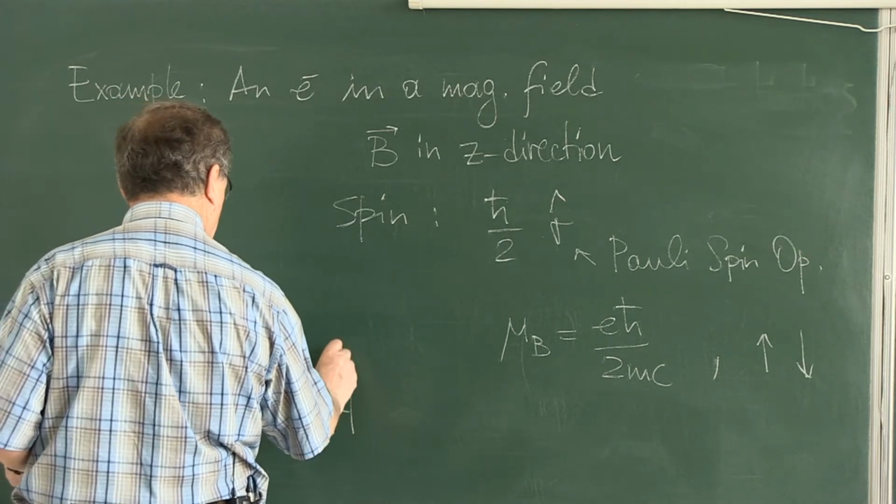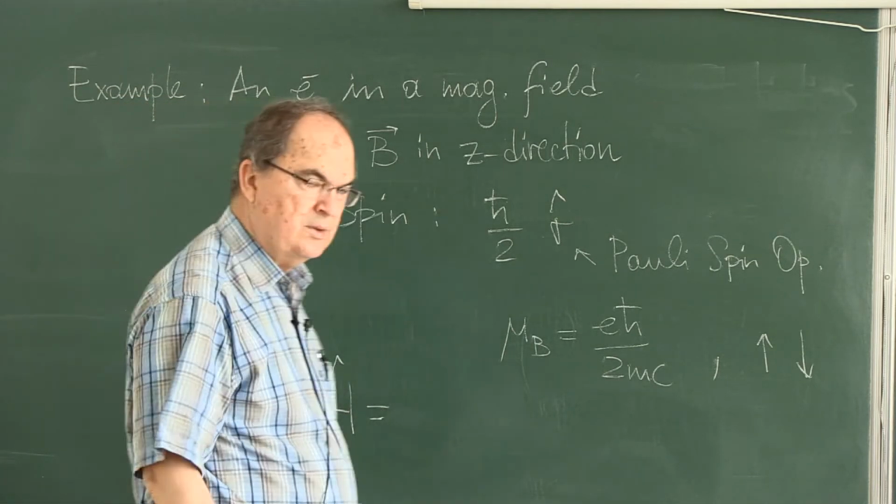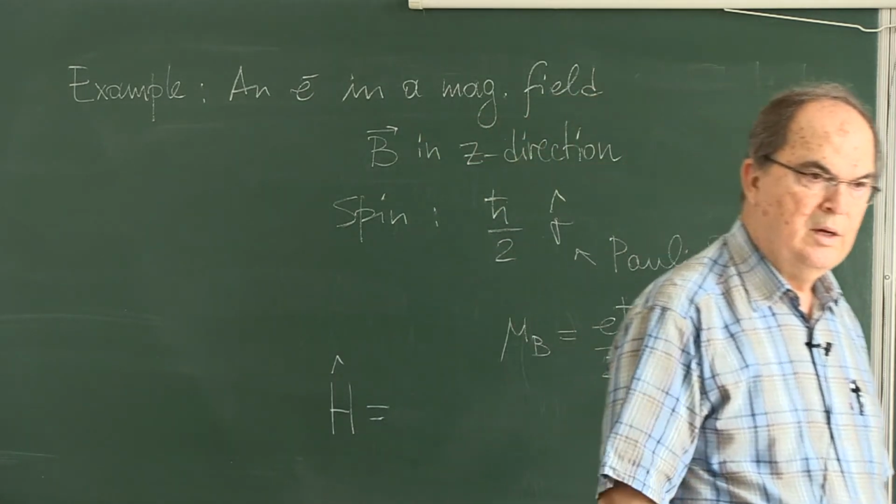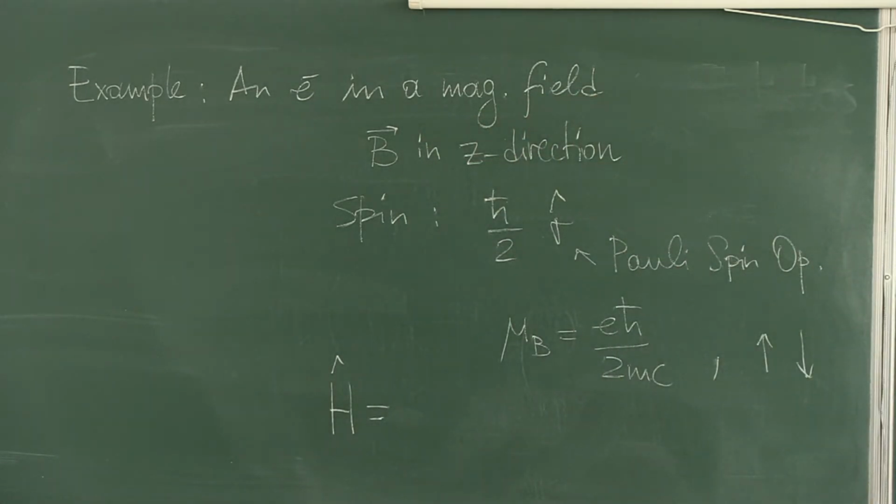Hamiltonian is what? What is the Hamiltonian? Minus mu dot B, isn't it?